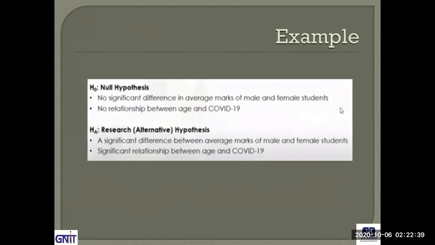Significant relationship between age and COVID-19. Whereas in null hypothesis, we have put no relationship between age and COVID-19. But in alternate hypothesis, we are declaring a significant relationship between age and COVID-19. So please remember that null hypothesis and alternate hypothesis are just reverse to one another.